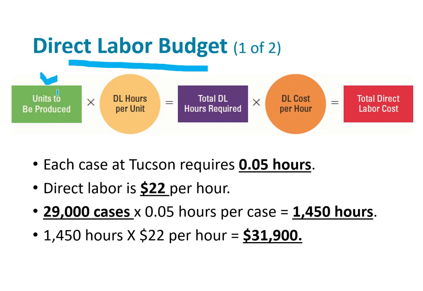So we go back to the units we need to produce from the production budget times the number of hours. So that gives us our total hours required. And then, of course, instead of multiplying that by the cost of the material, we multiply it by the cost of the labor. And this will give us our total direct labor costs. Okay, so each case requires 0.05 hours.